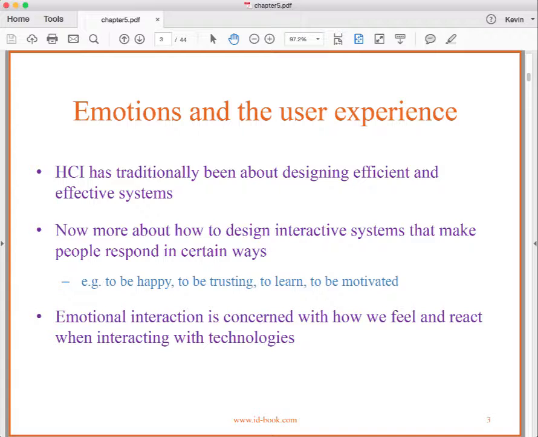We encourage them to respond in certain ways. We want them to be happier, in a good mood, or trusting, ready to learn, motivated. So emotional interaction is concerned with how we feel and react when interacting with technologies.